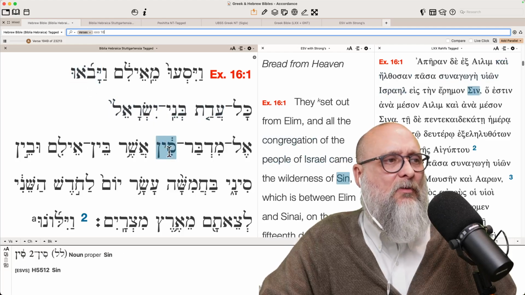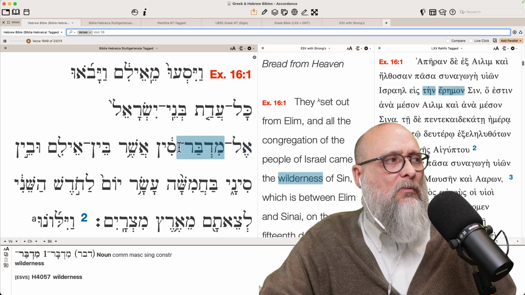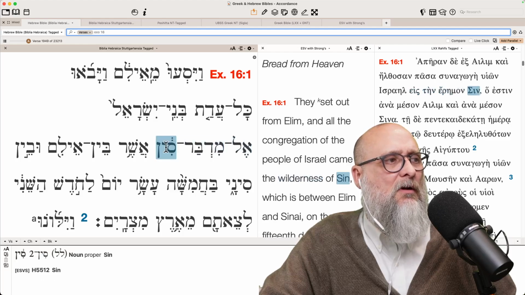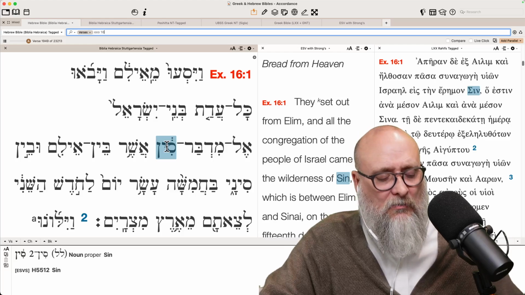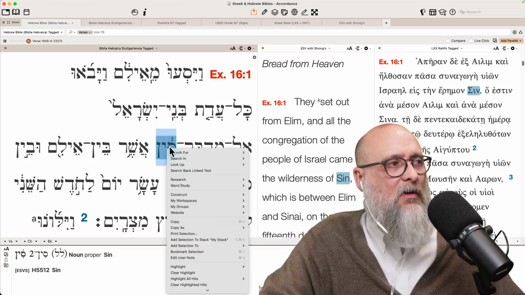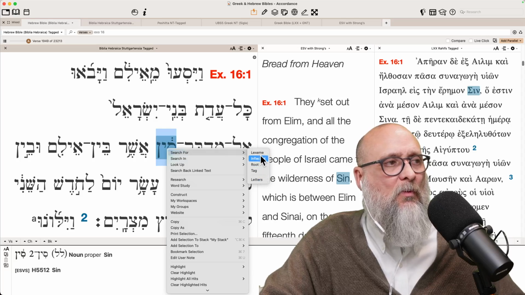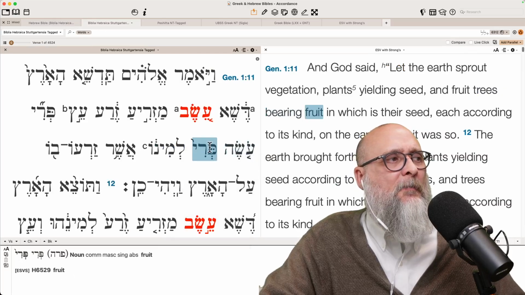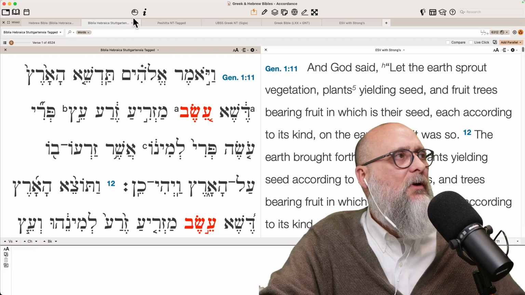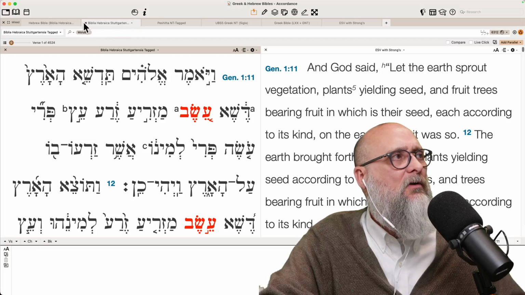When we come to this word, the wilderness of Sin, and then Sinai, what does that word mean? Well, the easiest thing is to search for where the root appears. And for some reason, that did not do what I wanted it to do.